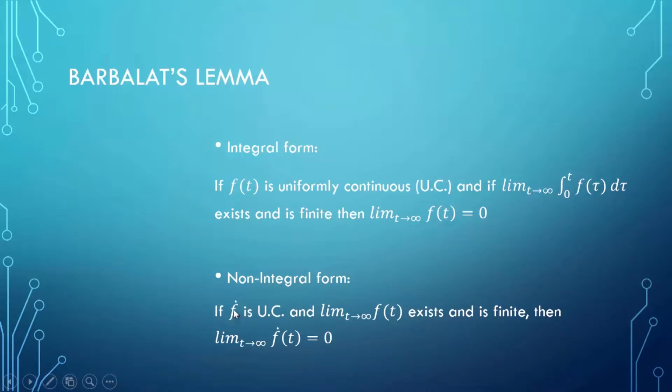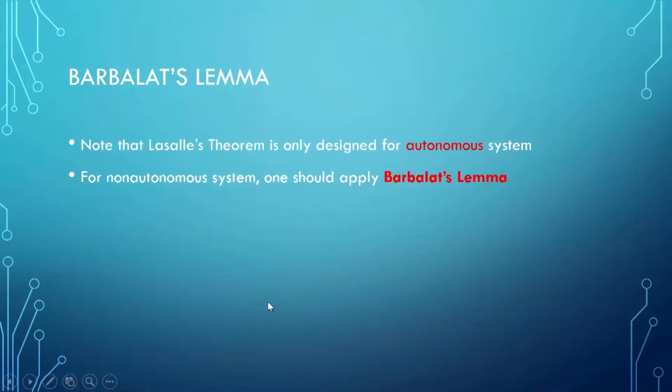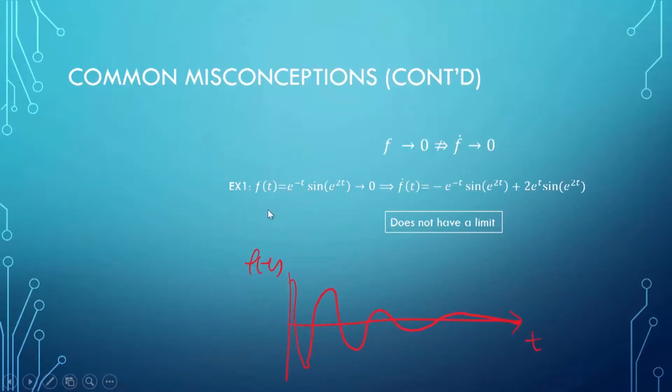It says if f dot is uniformly continuous and the limit of f exists as t goes to infinity, then f dot will go to 0 as t goes to infinity. This clears out the condition for these misconceptions.